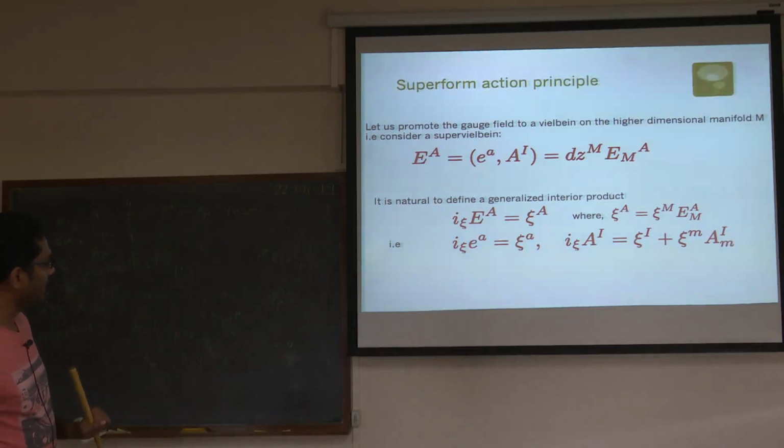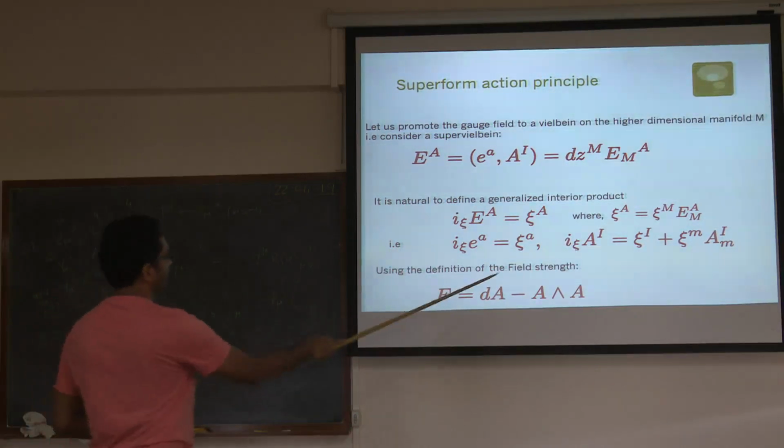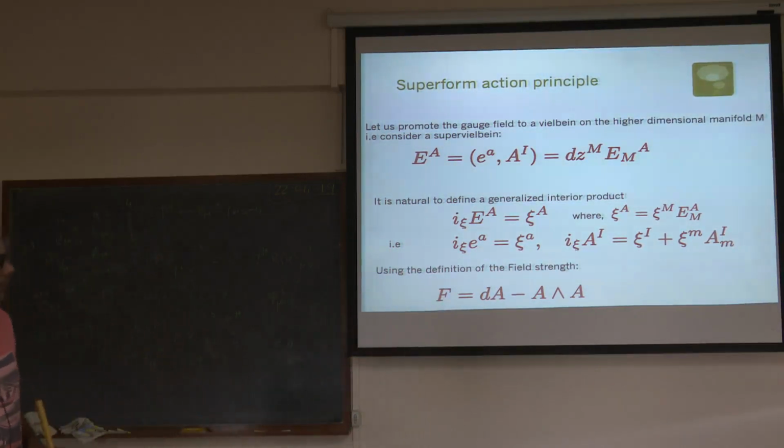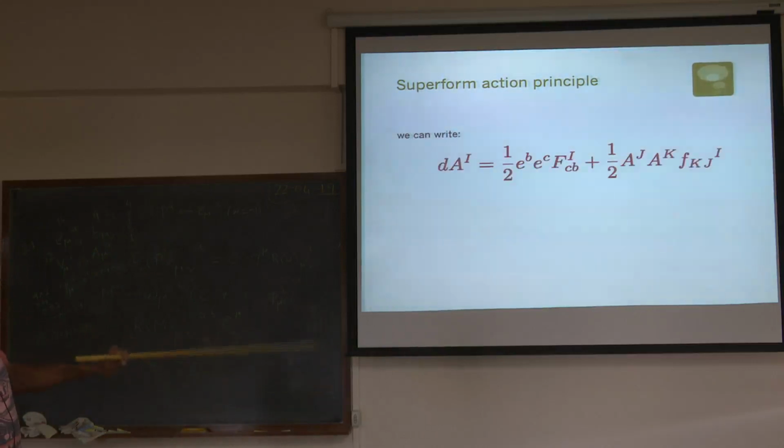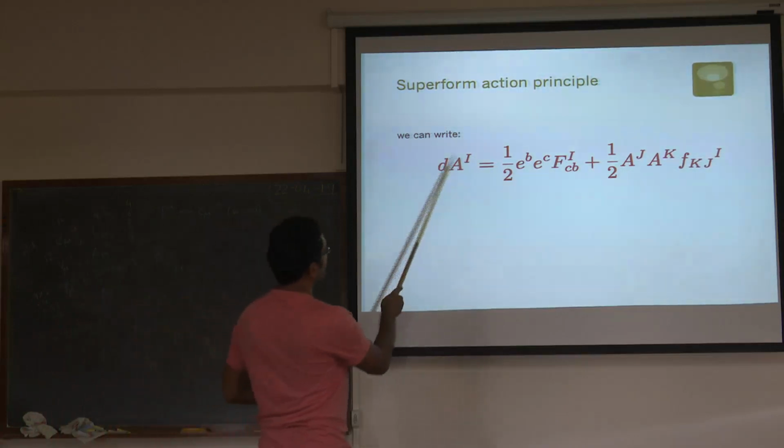So with that and the definition of the field strength, which is defined like this, I can write down the exterior derivative of A^I in this way, where I interpret this in the following way. It's a two-form.